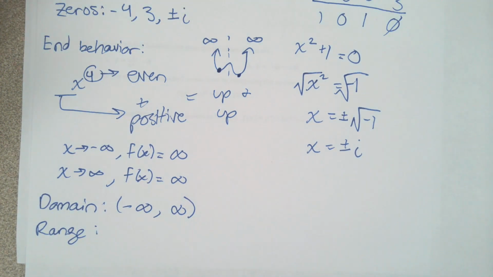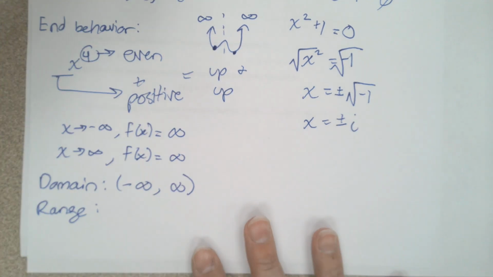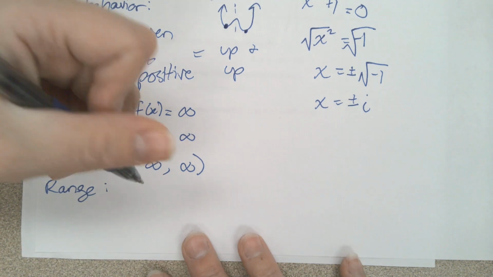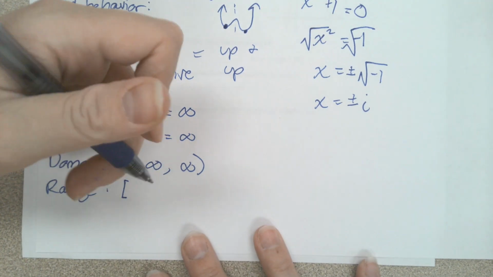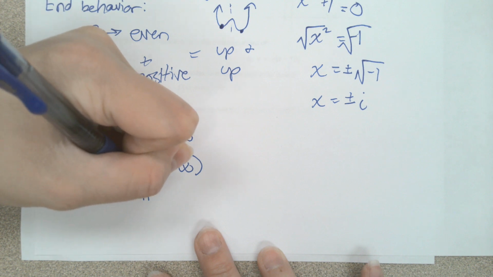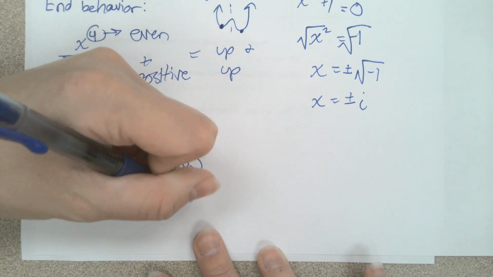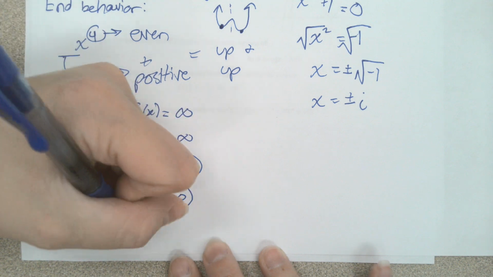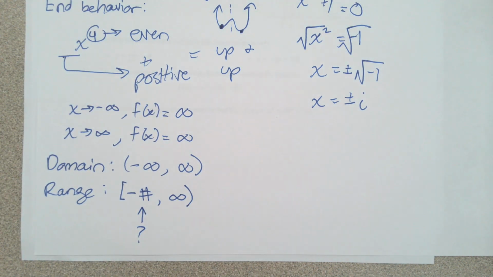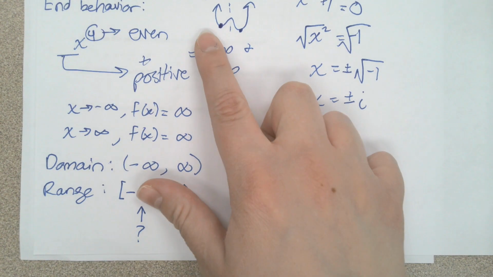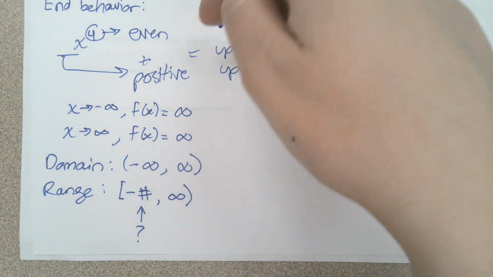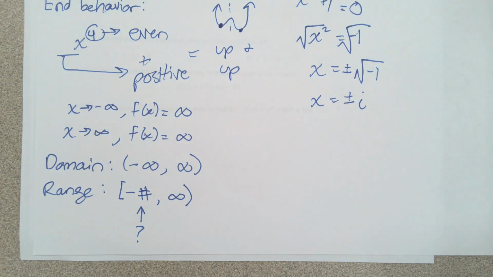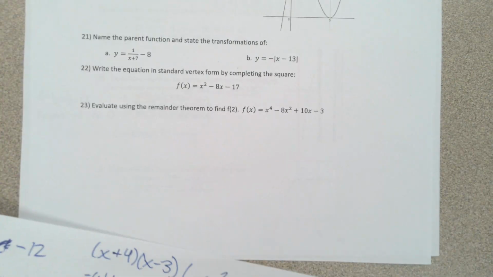So since we can't see those, we don't know the bottom of the range, but we do know there is a bottom of it. So I'm going to put a bracket, and then we'll put negative number to infinity, because we don't know what that number is, but we do know there is a lowest number because the graph doesn't keep going down, it keeps going up. So it does turn around at some point. So this is one of the first times where we really don't know our range, so we're just kind of going with it. Okay, number 17 is done.